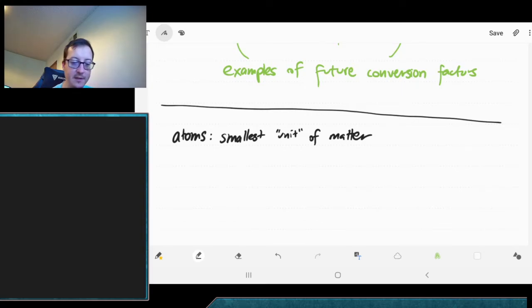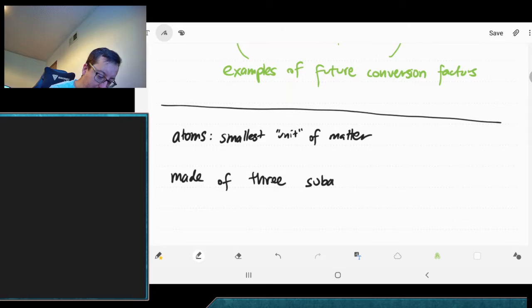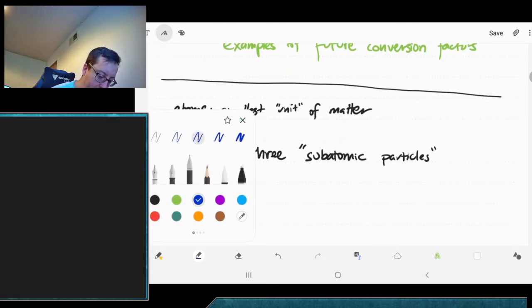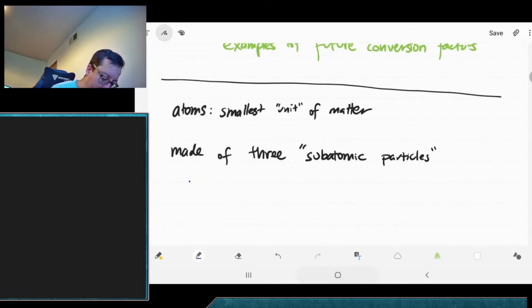And again, this is probably something you've talked about in middle school or whatever, but we'll go over it anyway. Atoms are made of three things. What we call subatomic particles. And let's switch colors because why not?